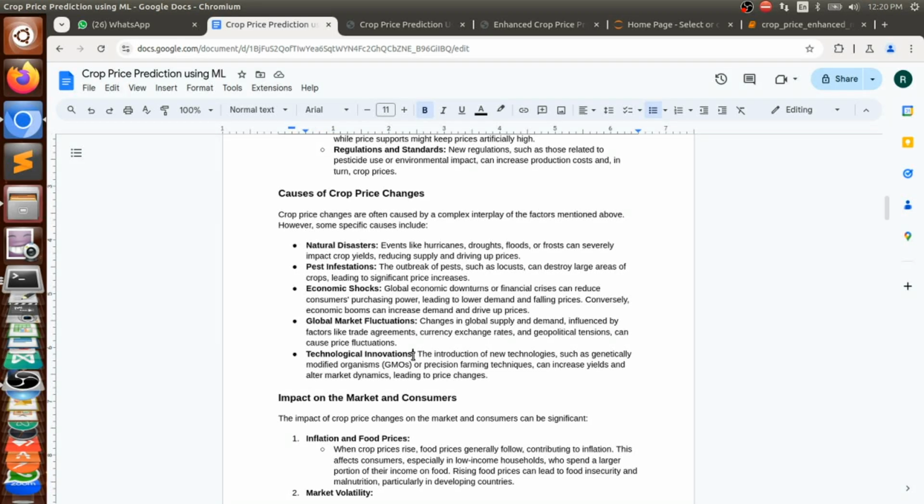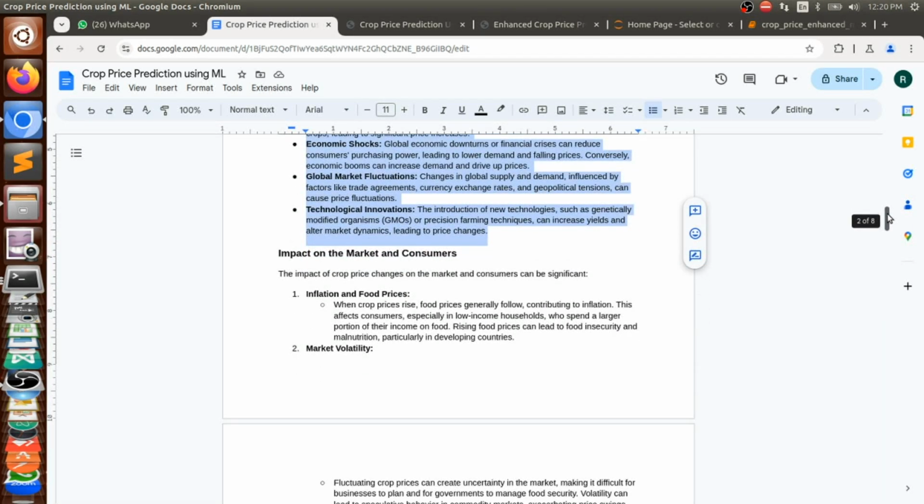Technological innovations, again we discussed, due to different technologies that are coming up, maybe it will be profitable or loss. So if some technologies are helpful with a low cost and they can produce a high product, the cost will be reduced. But if there is a technology which is hard to get or high cost, in that case the price will be increasing.